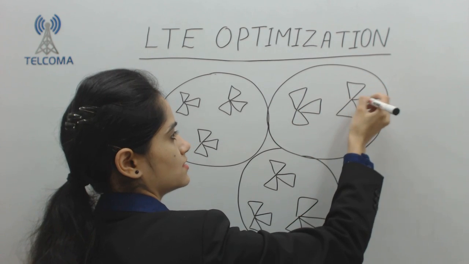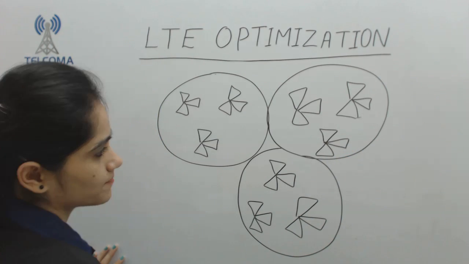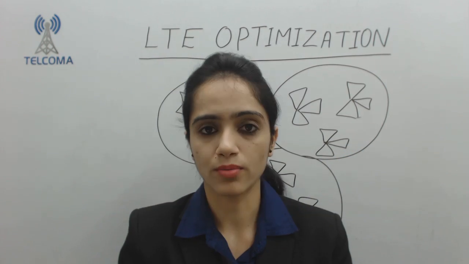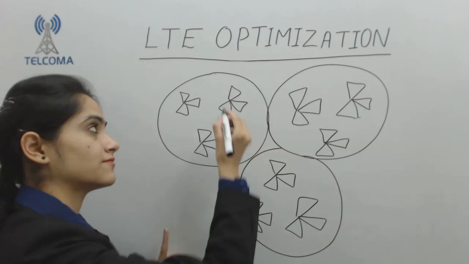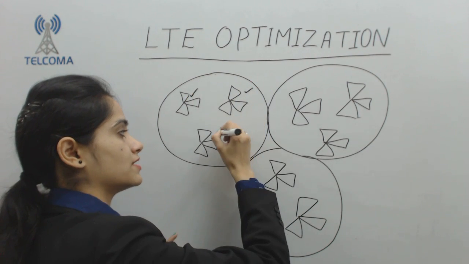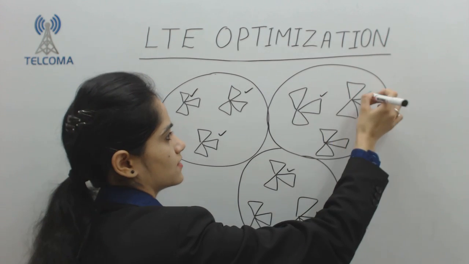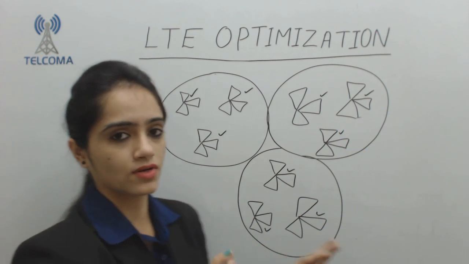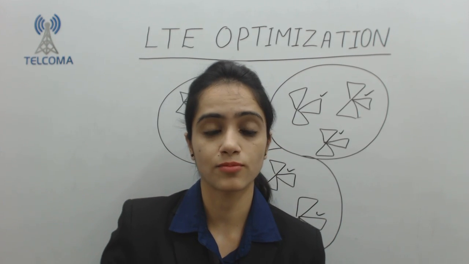We have defined clusters in our planning part. After defining the cluster, now comes the work of the optimizer. The optimizer has performed the single cell function test of each and every site, and each one is okay. Now we have to do the cluster level optimization.